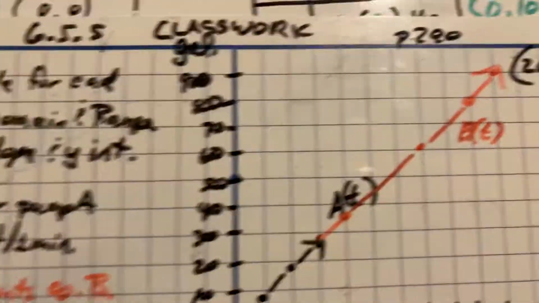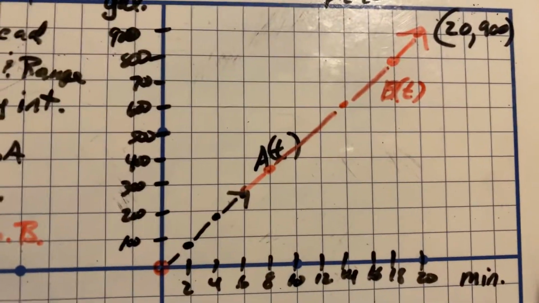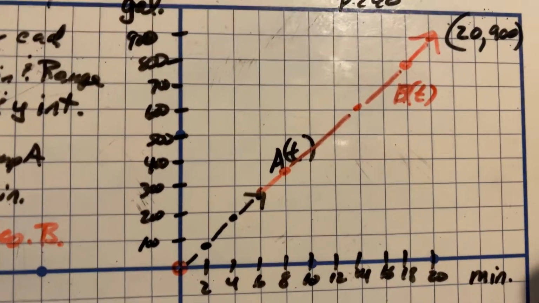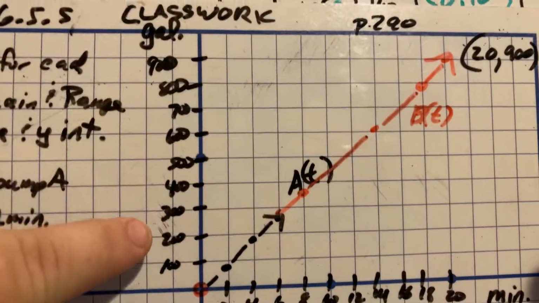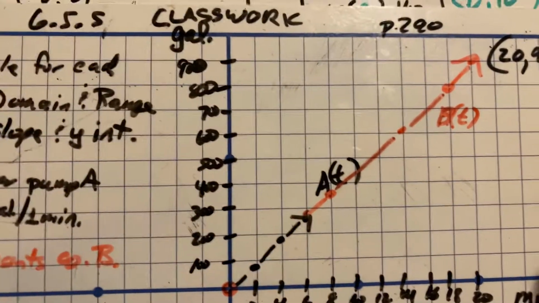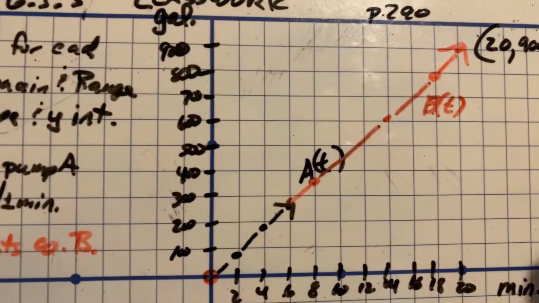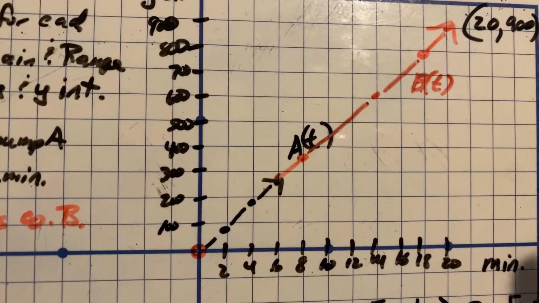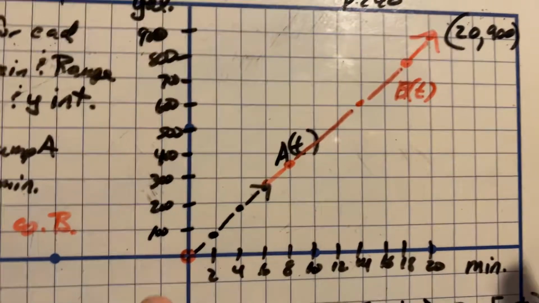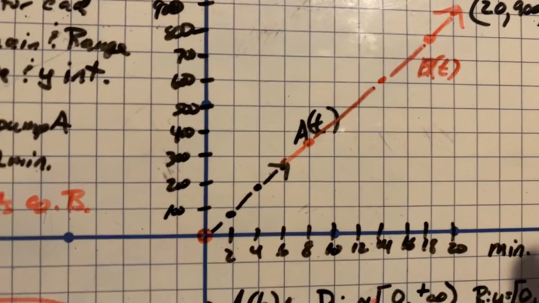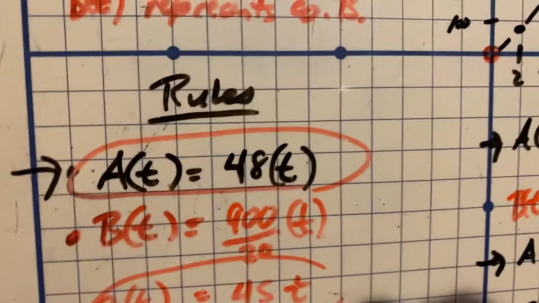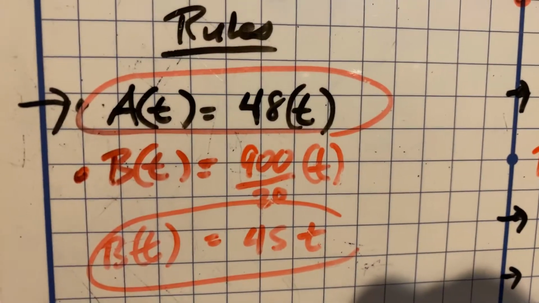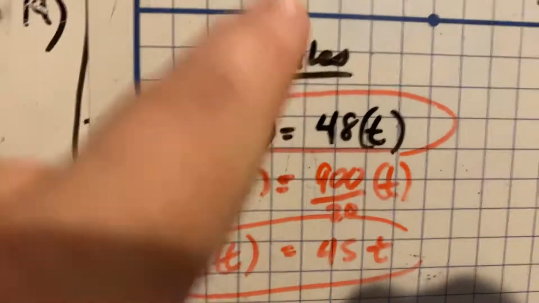Now the picture, I will say, is a little bit hard to see because looking at the interval, we're going up 100, 200, 300, 400, so my interval on the y-axis is going up by 100. And in the domain for the x-axis, we're going up 2, 4, 6, 8, 10. So comparing those two slopes is going to be really hard to see in your graph because they're so close.